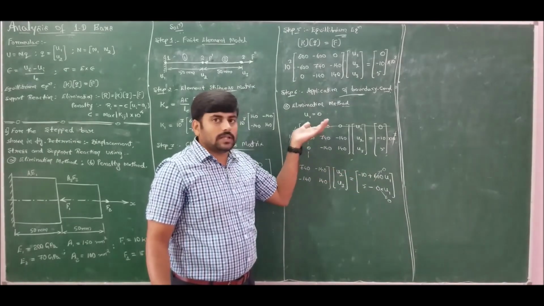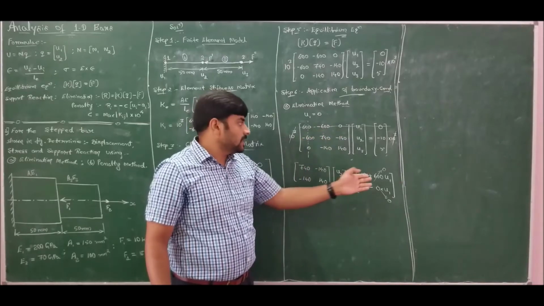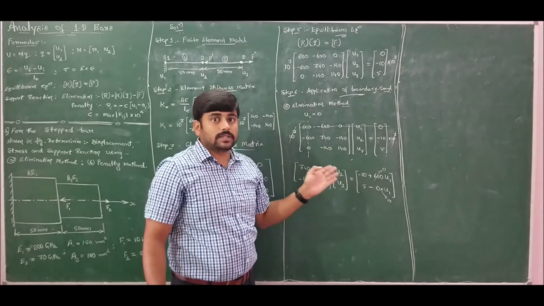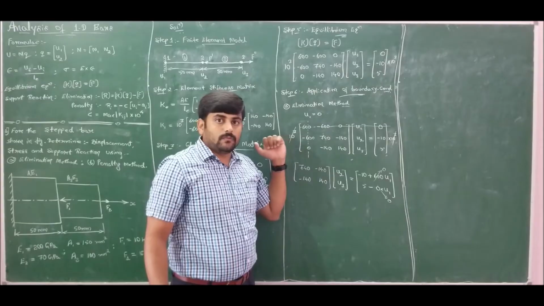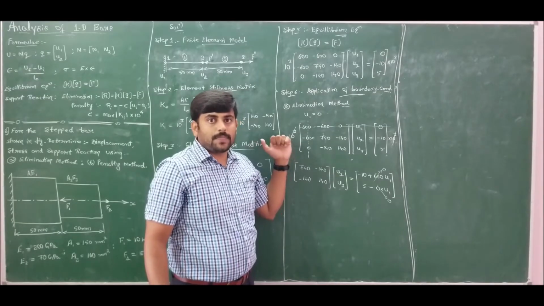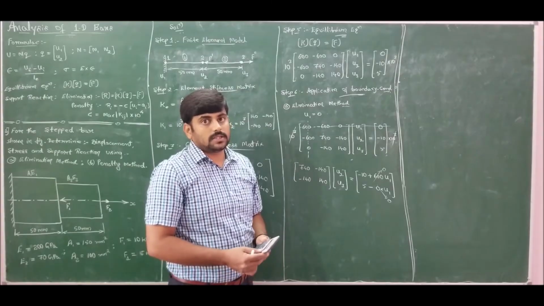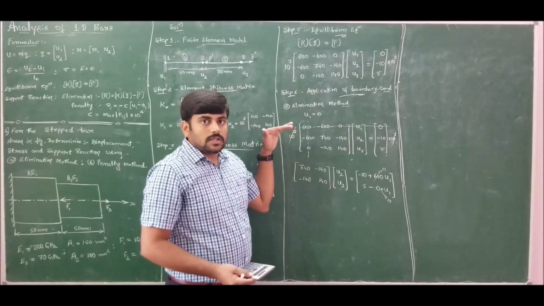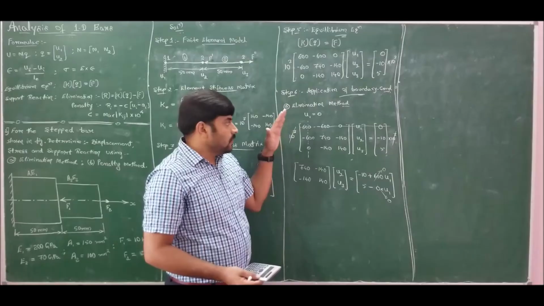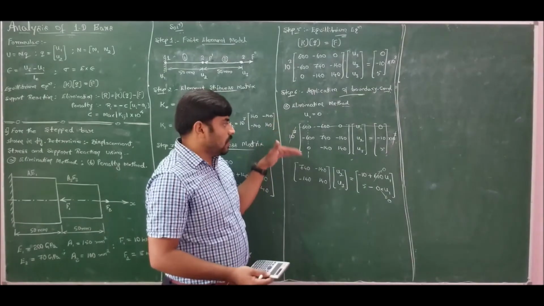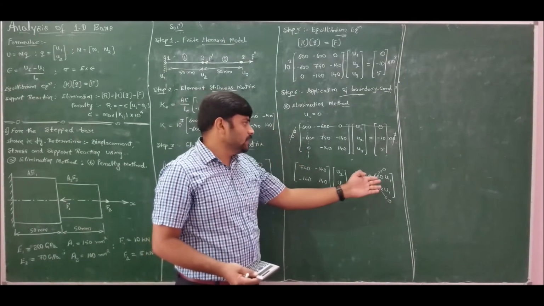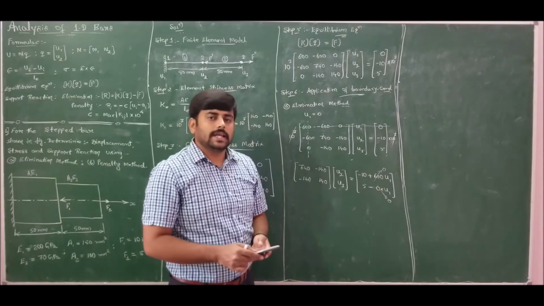If it has some value other than 0, then it has some significant effect and you might end up with a wrong answer, like problem number 1 which we discussed. So always apply the elimination method as it says. Since u1 is 0, these two terms are automatically eliminated.